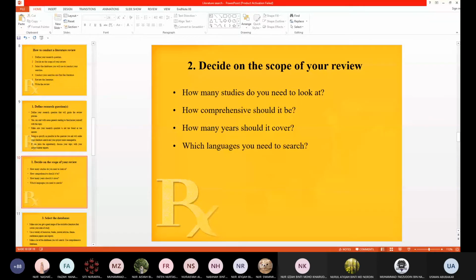Okay, what language do you need to search? Language for you here is not a barrier, because most of the articles are published in English. Suppose you are from an Arab country and you want to conduct research about something specific to that country, and you are aware that there are journals that publish in Arabic as well as English, then you can broaden the search to include both languages.